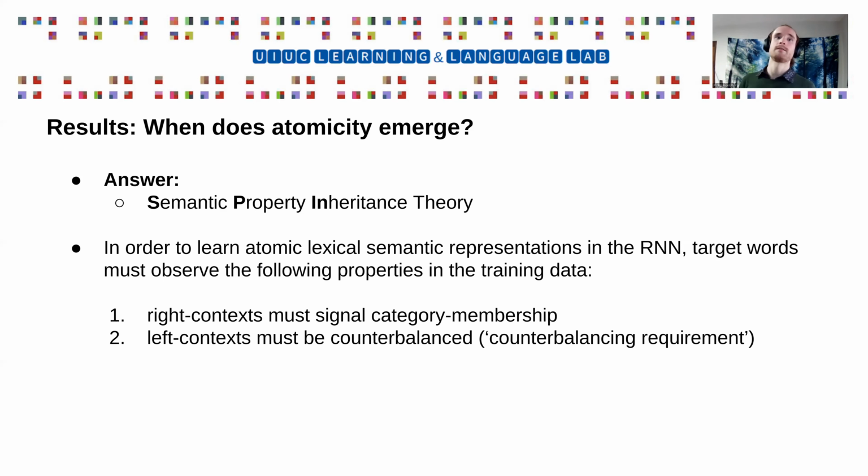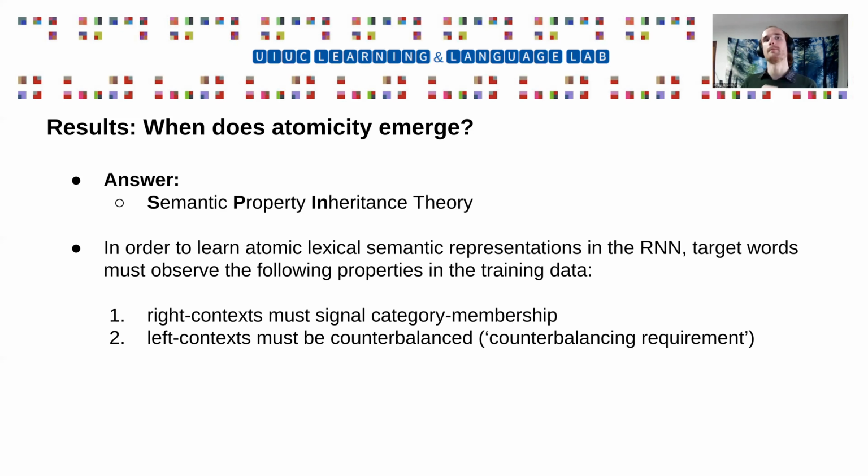But what is less intuitive is principle 2. The idea is that while right contexts must be semantically informative, left context must not be. So you might think, oh well, more information is better. No, absolutely not. Recurrent neural networks, at least ones that process information in one direction, have a particular kind of sequence behavior where information that comes before you make a prediction is not incorporated in the same way as the information that is actually predicted.